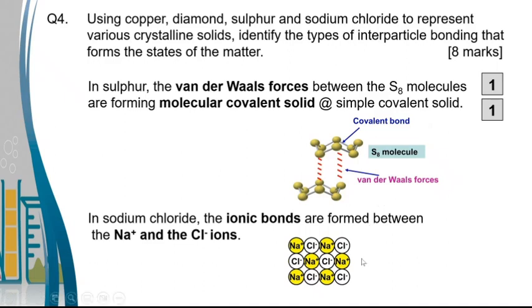You can imagine it this way. Class, in the exam, you need to identify the type of solid and also the type of bonding, the interparticle bonding. It's not necessary to give the diagrams. The diagrams given here are to explain more clearly. In the exam, you need to put it into words. You don't give diagrams only.